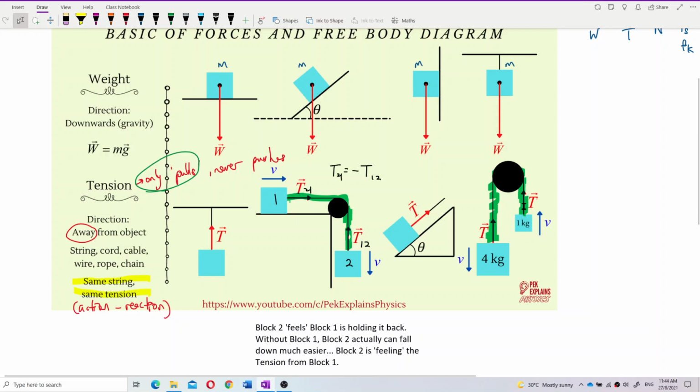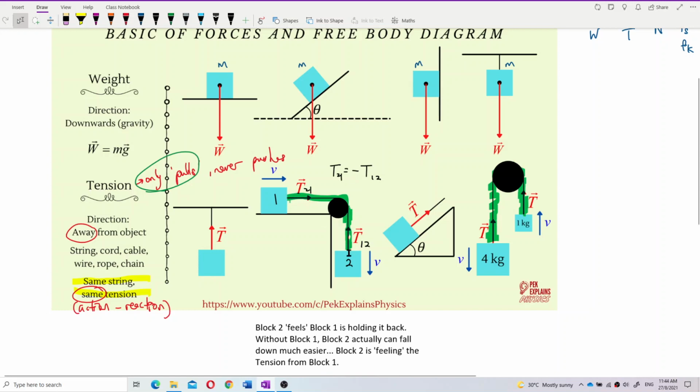Why on the same string do they have the same tension? Because this is another example of action-reaction force. So that's why same string, same tension, because they are equal in magnitude for action and reaction force, just opposite direction. That's why we have a negative sign.